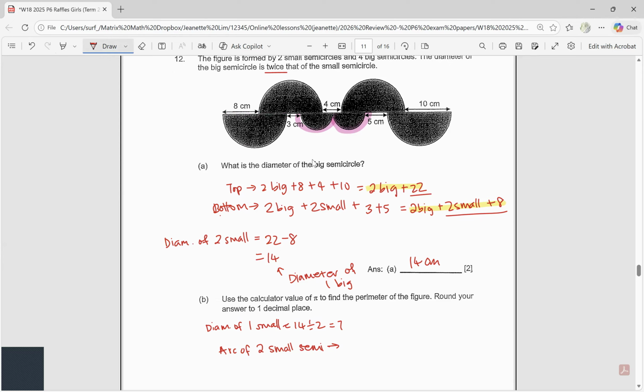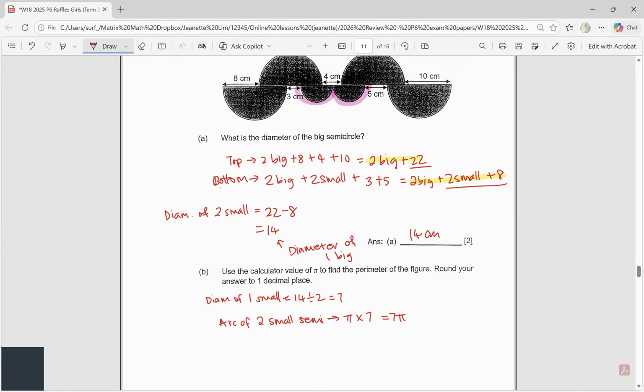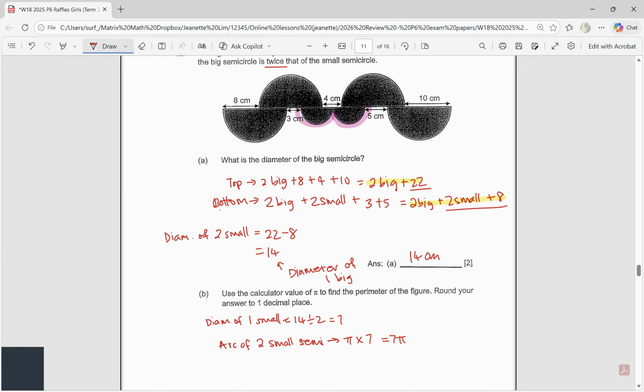Okay, if the question says use the calculator value of pi, you just write it in terms of pi first. Only in the final step, then we use the calculator value of pi. Okay, so 2 semicircles is 1 full circle, so you just take pi times diameter. So this will give us 7 pi.